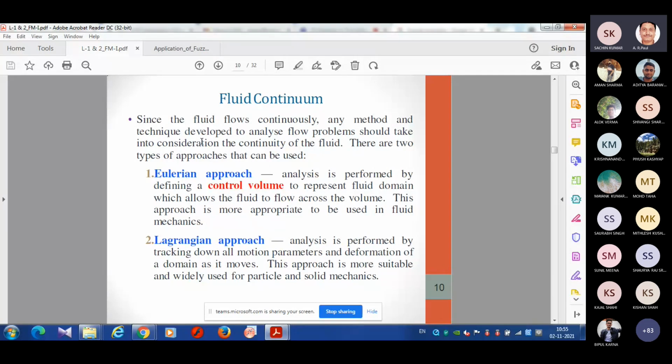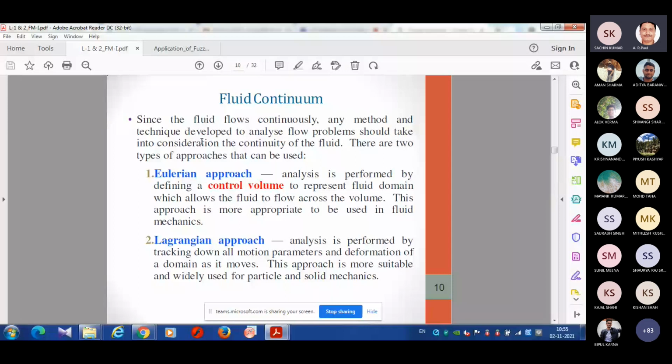Like I can give you an example, several particles together. When 10 friends are going for a movie together, we may consider not each individual, but that the students of humanities are going to enjoy a movie. This is called Eulerian approach, a bulk approach.